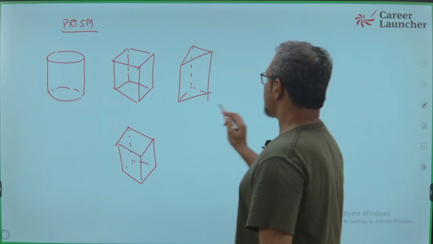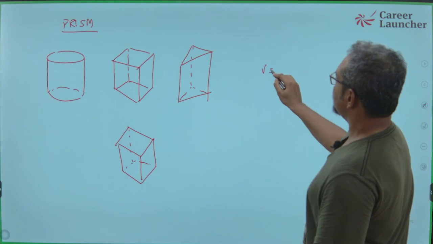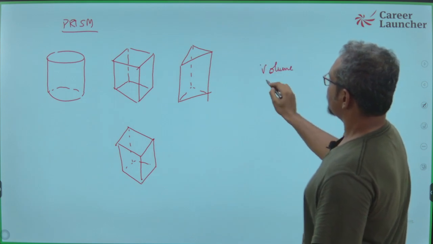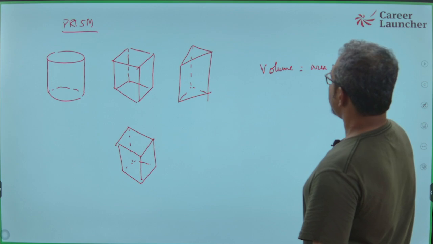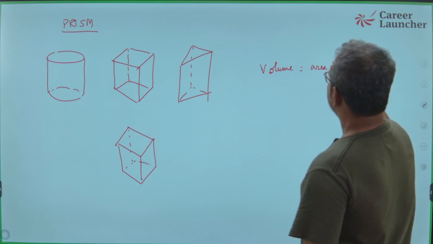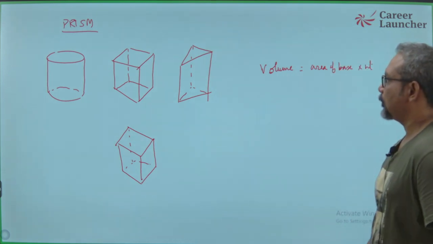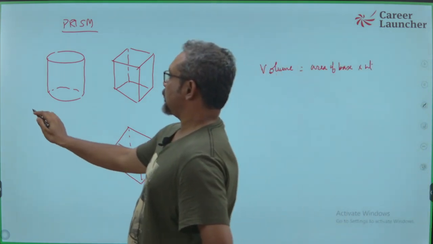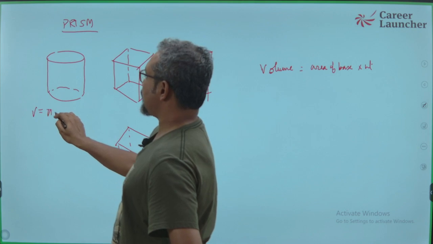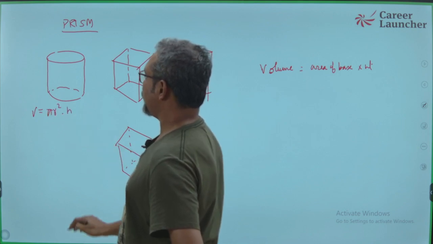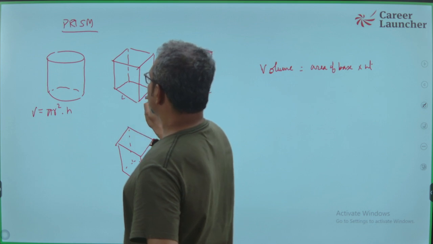So, for all prisms we have the volume to be area of base multiplied with height. So, here for the cylinder the volume is area of the base pi r squared times the height. Here you have length, width, height.